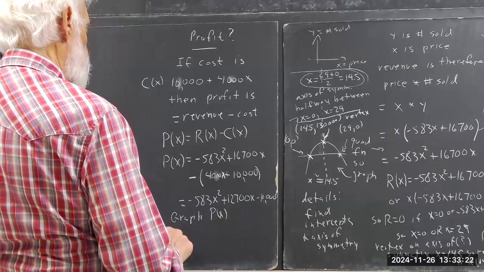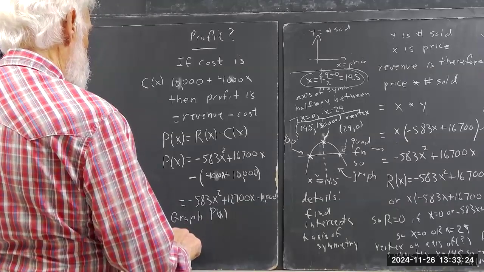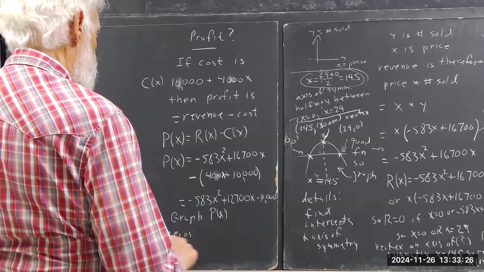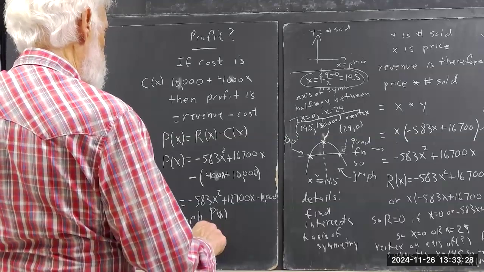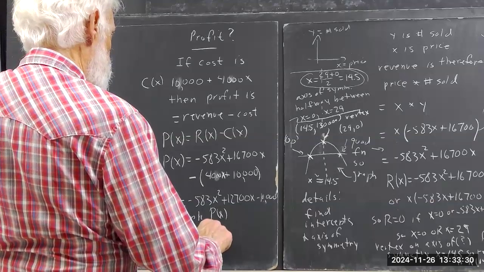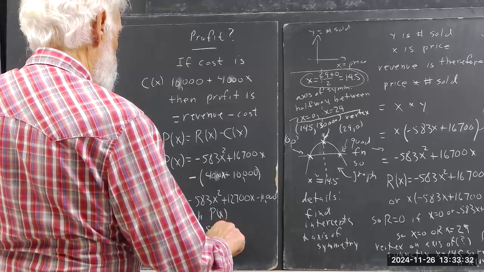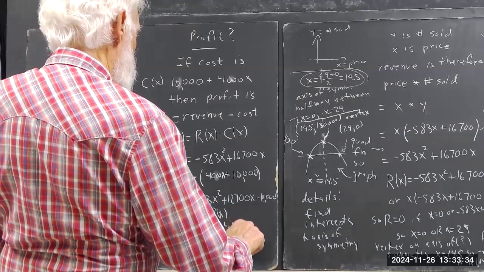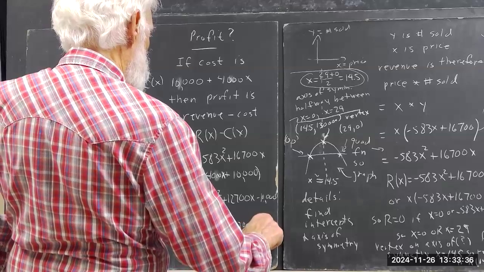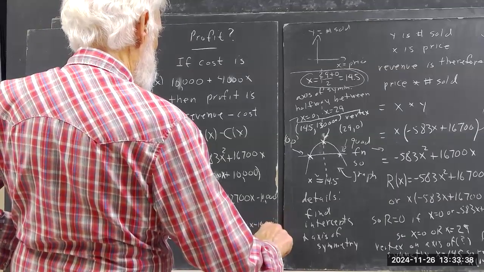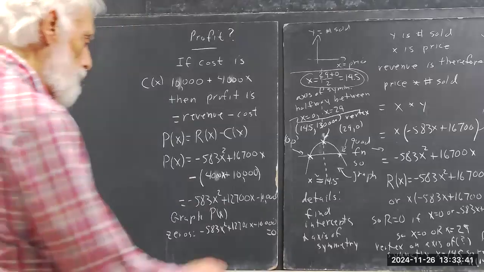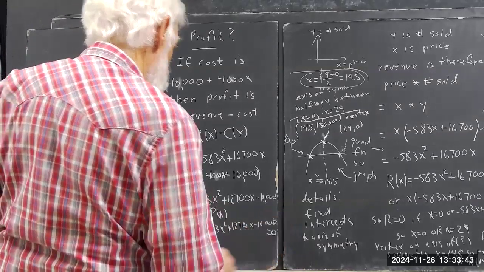We graph P of x for zeros. There's our revenue function. We set it equal to 0.